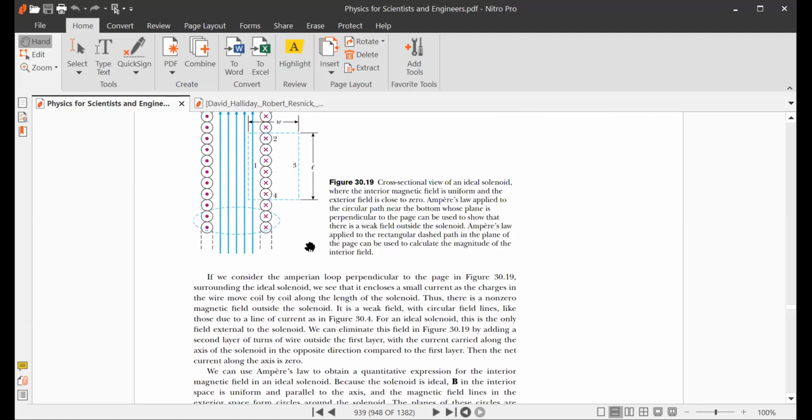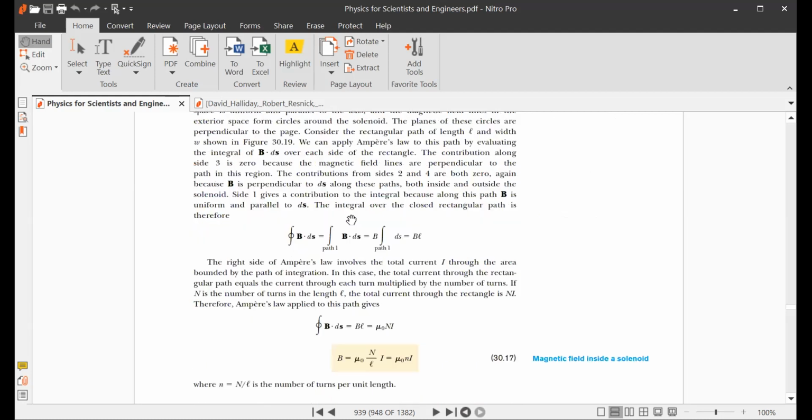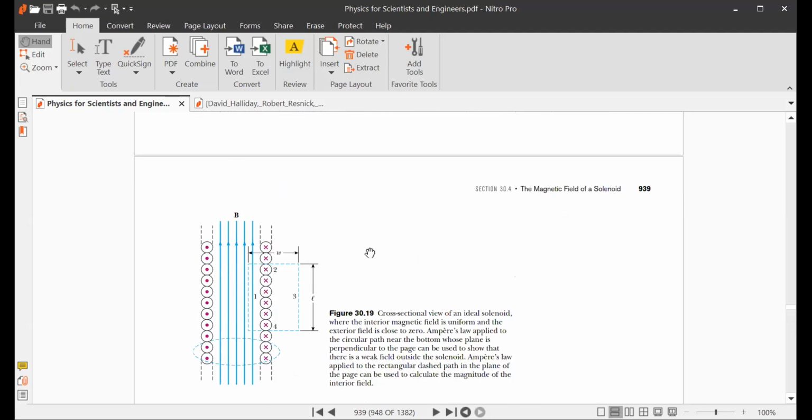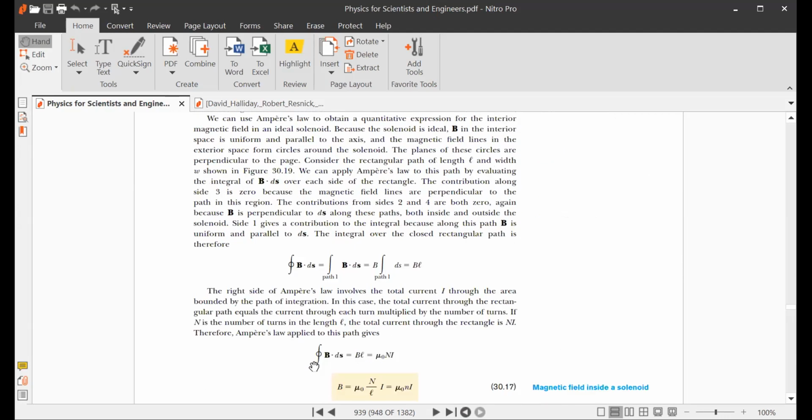If this is the case, then using Ampere's law, we get B times L inside the solenoid. Because B is zero outside, this BL is only inside the solenoid.